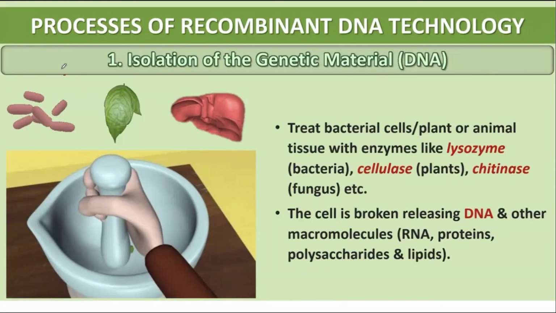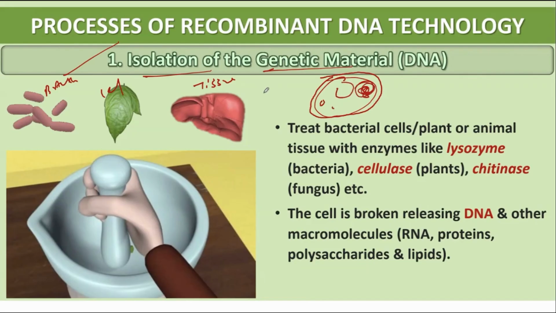So the first part is the isolation of genetic material. We can isolate it from the tissue, leaves, plants, or the bacteria, right? In order to burst open, because this cell has a cell wall that is very hard, and after the nucleus, we'll have a lot of vacuoles, peroxisomes, Golgi bodies, a lot of macromolecules basically.